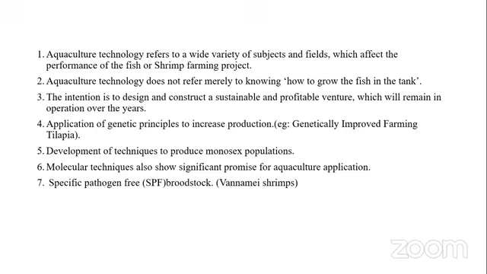So monosex culture is very important for fishermen and aquaculture. Then molecular techniques also show significant promise for aquaculture application. Specific pathogen-free brood stock. These are all prerequisites for aquaculture, or we can say these are the important points to be noted down for any kind of aquaculture practice before going ahead.